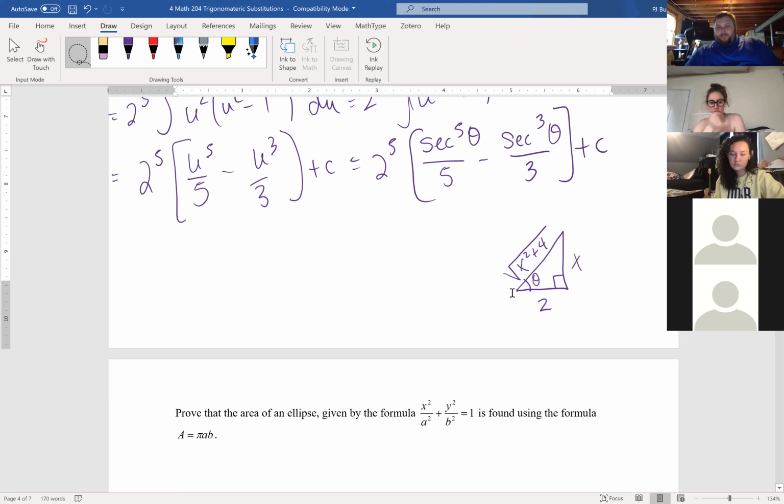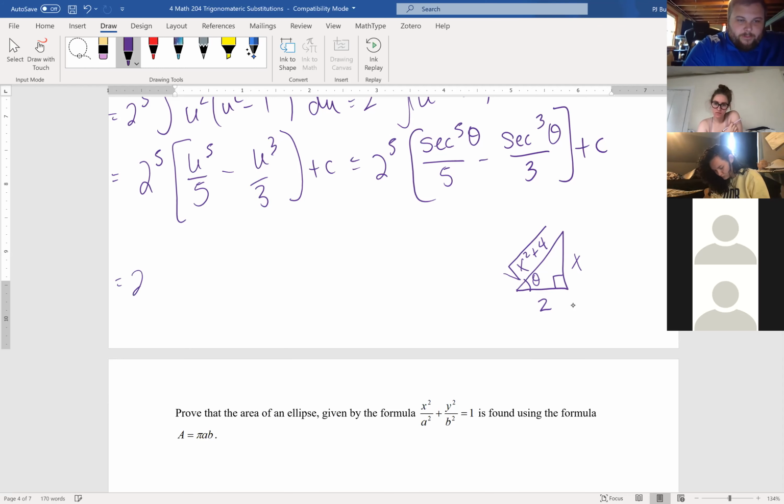Cosine is adjacent over the hypotenuse, and so secant is the hypotenuse over adjacent. So this is 2 to the 5th. Secant is the radical over 2, but we have to be careful, right, because this is to the 5th power. So that whole thing is to the 5th power.